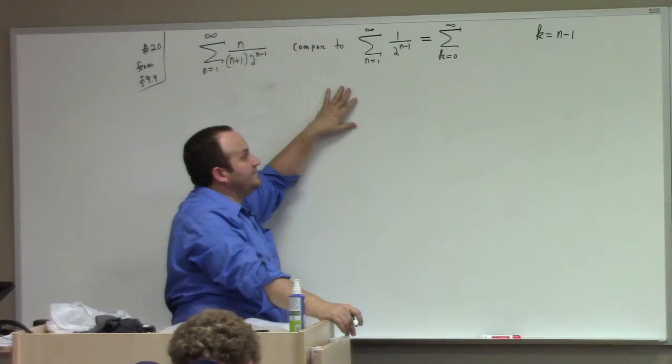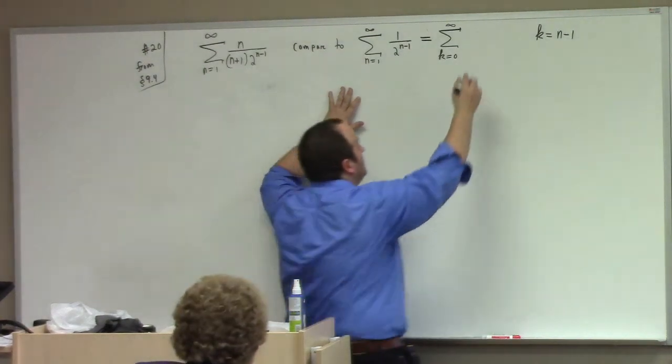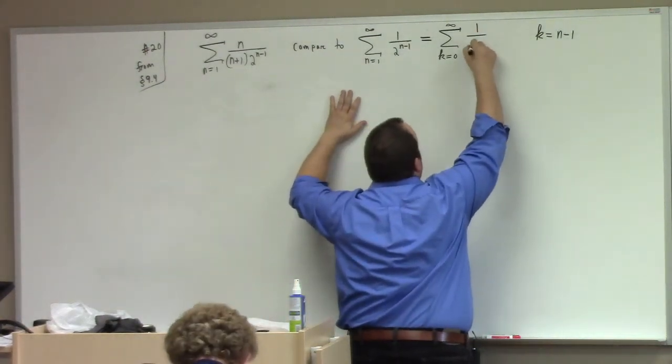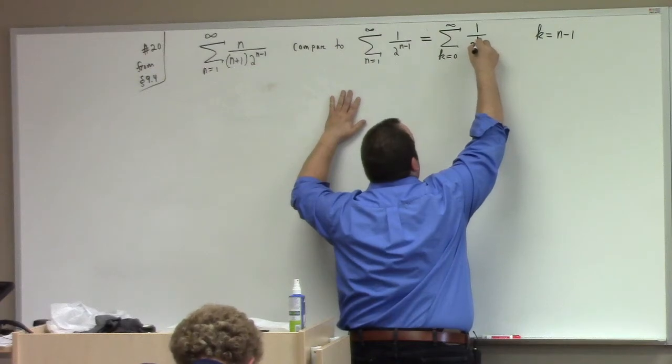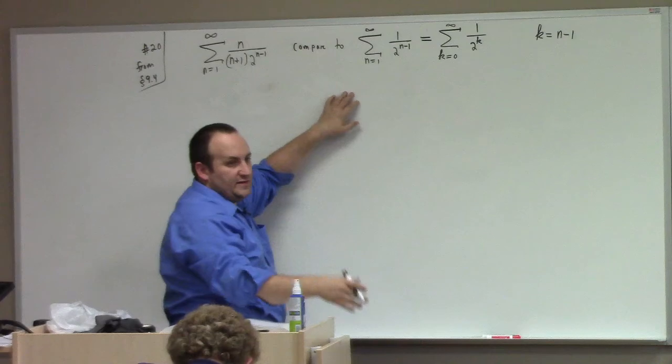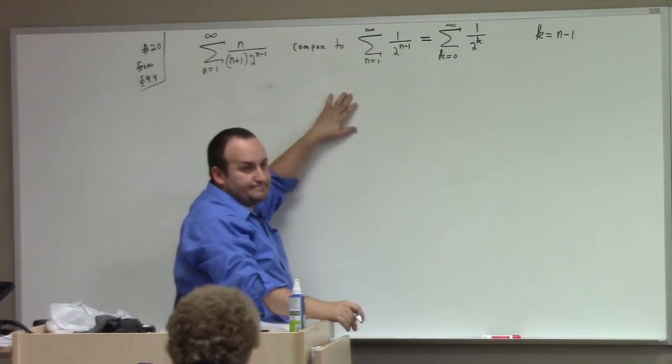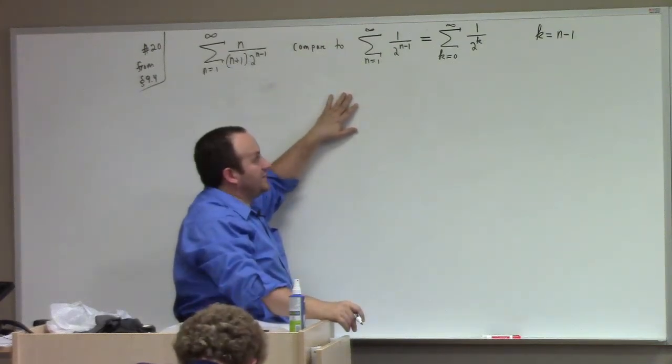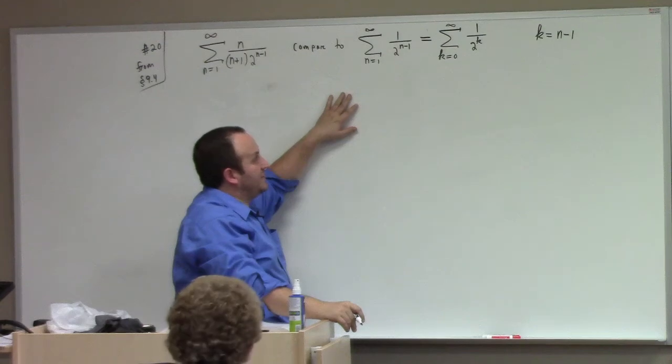If I do that, then I've got 1 over 2 to the k. How about infinity? Does that change for the substituted variable? Infinity minus 1 is still infinity, so it doesn't change the upper limit, right? But the start of the series starts at 1 as opposed to starting at 0.